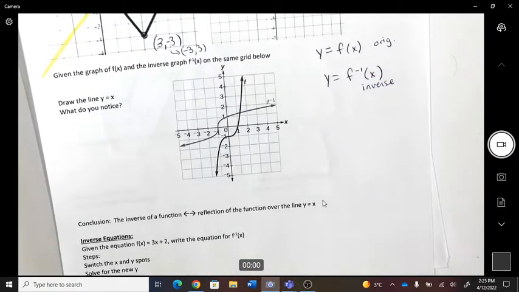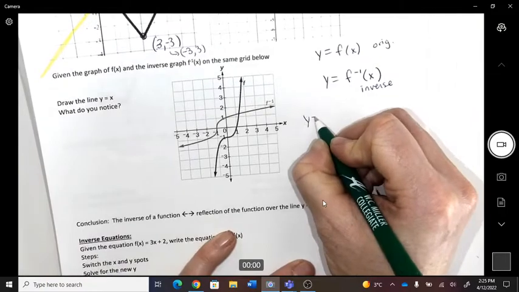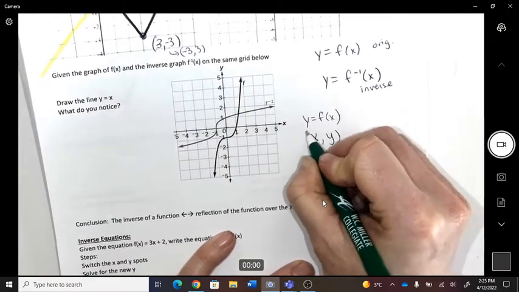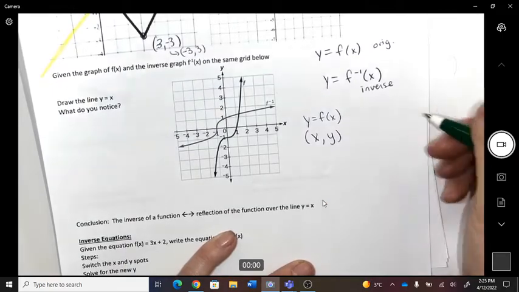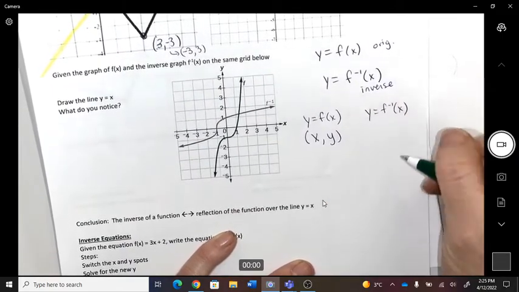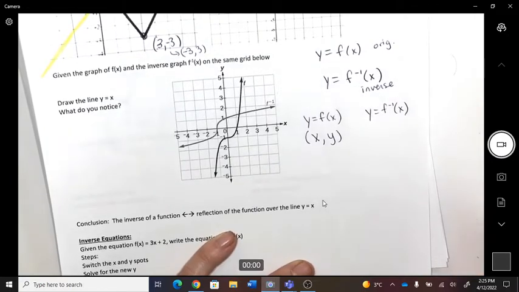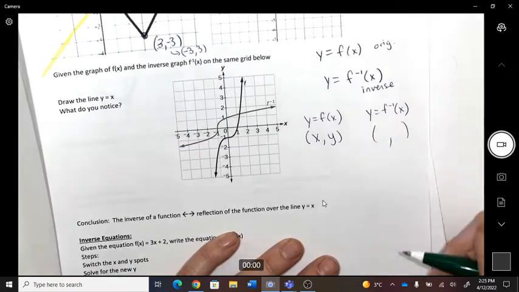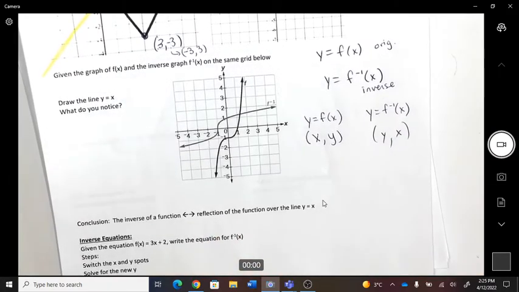Okay? If your original has a coordinate x, y, the inverse has the coordinate. What do you do with the coordinate? y, x. Okay, so that's what the inverse was all about.